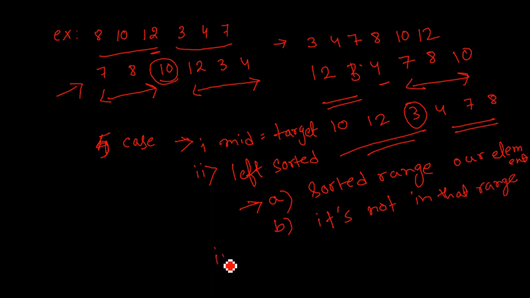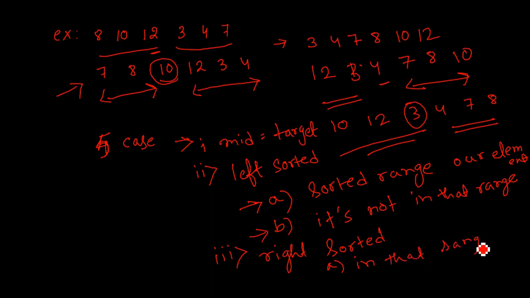Now the third case is right side is sorted. So obviously if left is not sorted, it's guaranteed that right will be sorted, and again these two sub cases will be there, either in that range or it's not there.